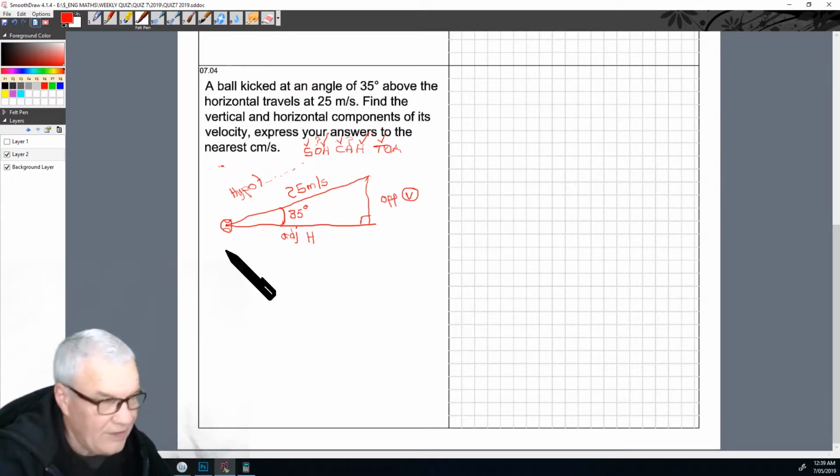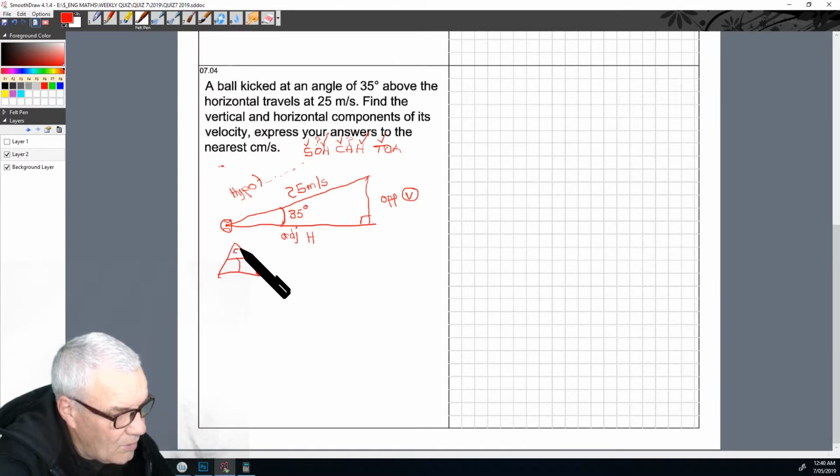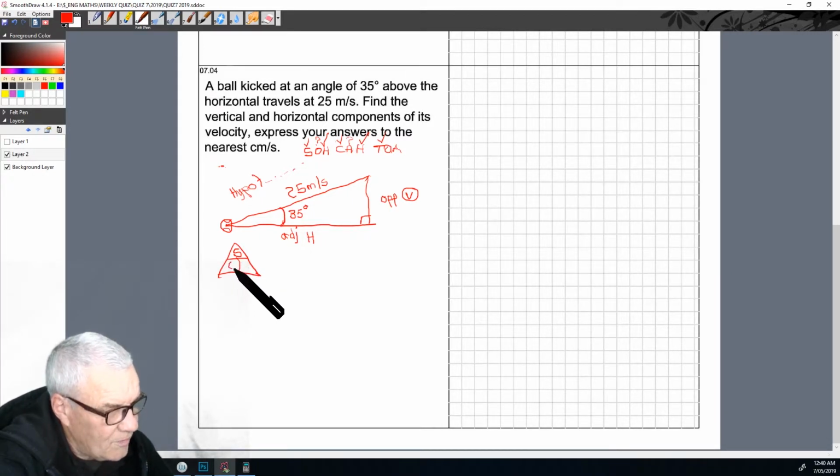Quite simply, if we want to cover everything off, we can draw one of these little triangles here. And we can go S for sine, opposite, hypotenuse.